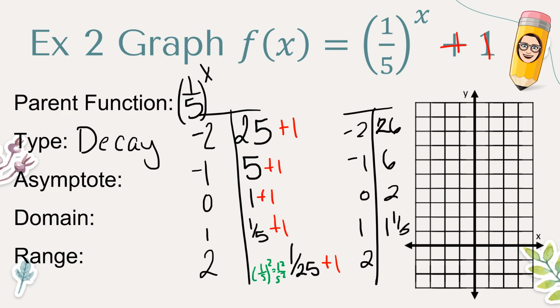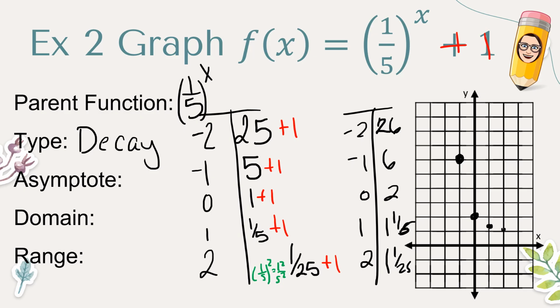I would say stick to a mixed fraction on these ones. That's easy. And 1 1/25. Okay, make those calculations as easy as possible. So -2, I'm way up high, can't even draw it. -1, I'm at 6. That makes more sense. 0, 2. 1 1/5. At 2, I'm at 1 and 1, tiny number, right?